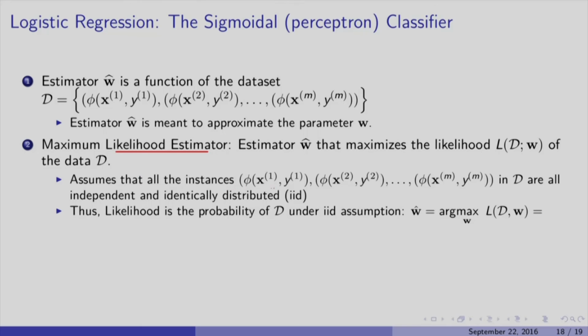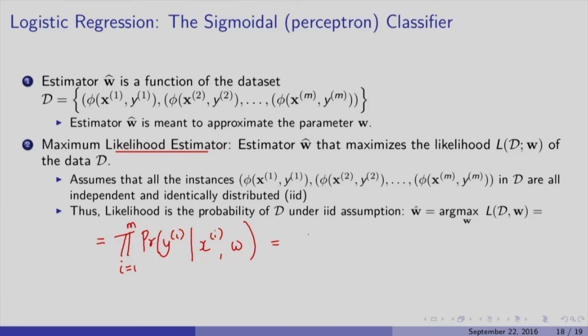It assumes that all the instances phi x1 to phi xm of the data are independent and also identically distributed. So under this assumption one can write w hat, the maximum likelihood estimator, as one that maximizes the likelihood, which is written as the product over all the examples i equals 1 to m of probability of yi given xi and w.